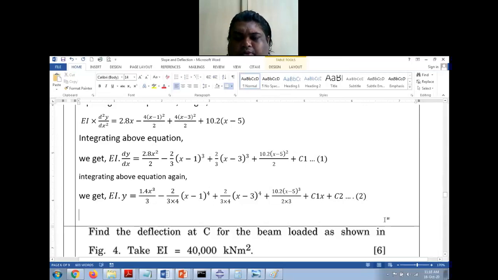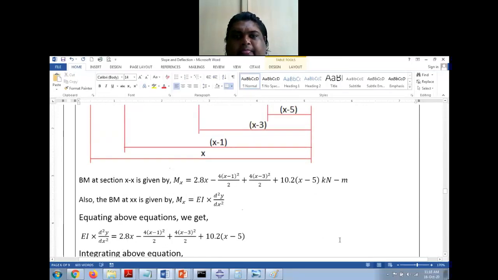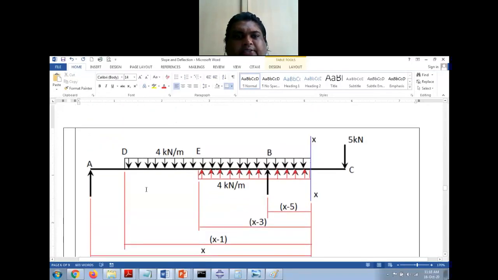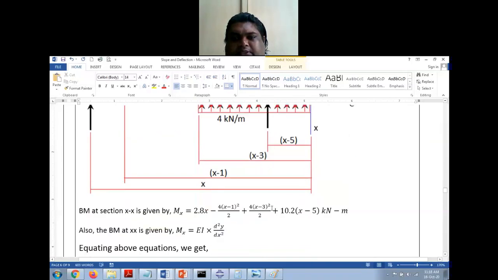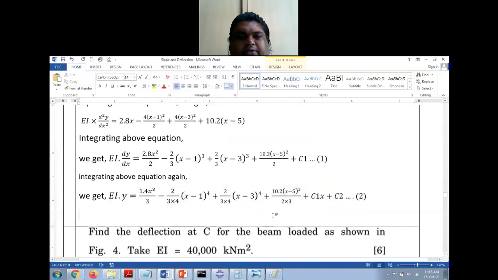Now I have two boundary conditions. What are the two boundary conditions? At support A, the deflection is 0, and at support B, the deflection is 0. Right?